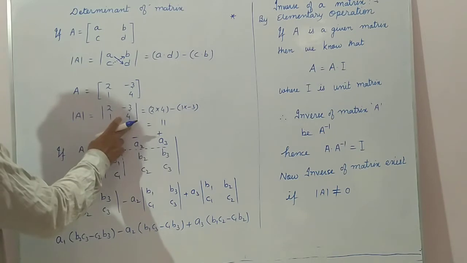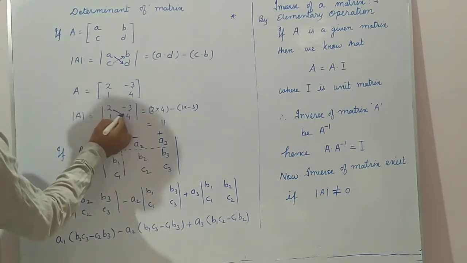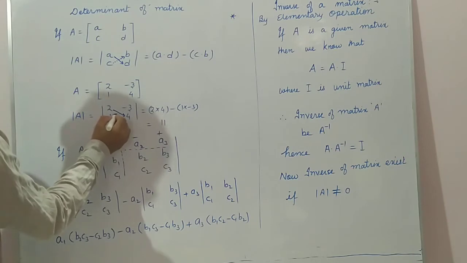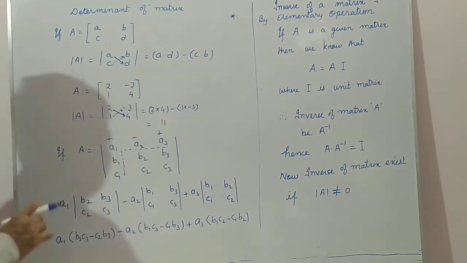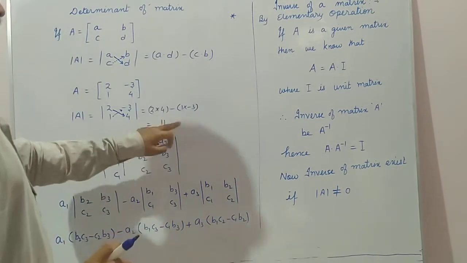The determinant will be 2 into 4 minus 1 into minus 3. So you are getting 11. This is the determinant.